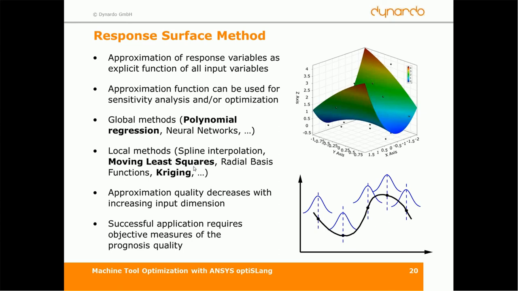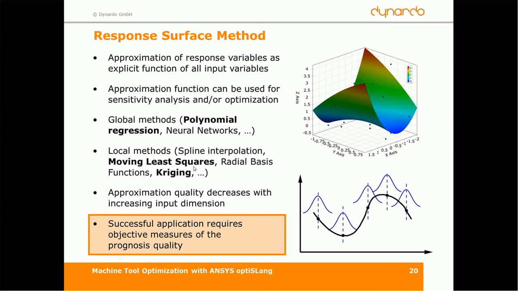For an objective judgment of all of these issues, we may need an objective measure of the prognosis quality. There, it does not count how much the Metamodel fits through the data, it counts how good the model approximates unknown data points. And that we are doing by some kind of data splitting internally, some intelligent approach in order to estimate approximation quality in an objective way.